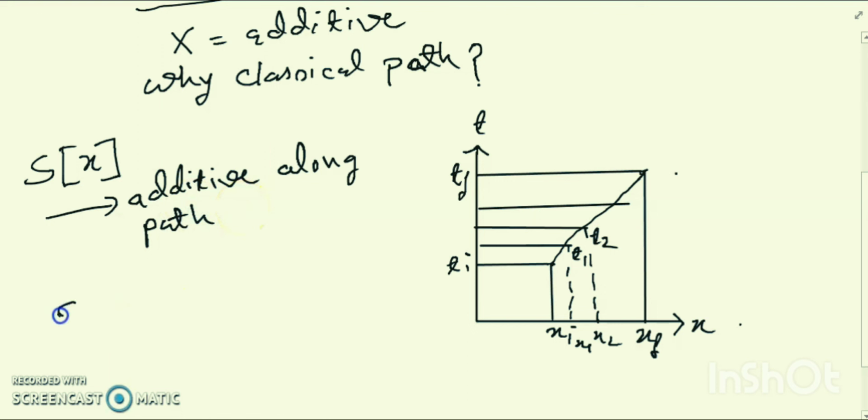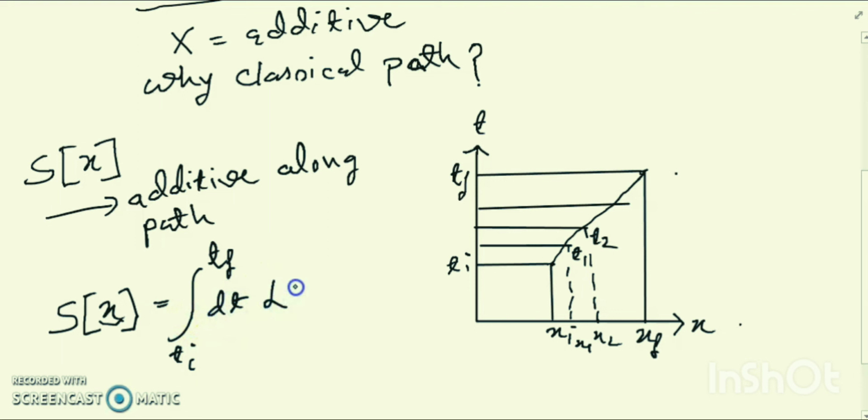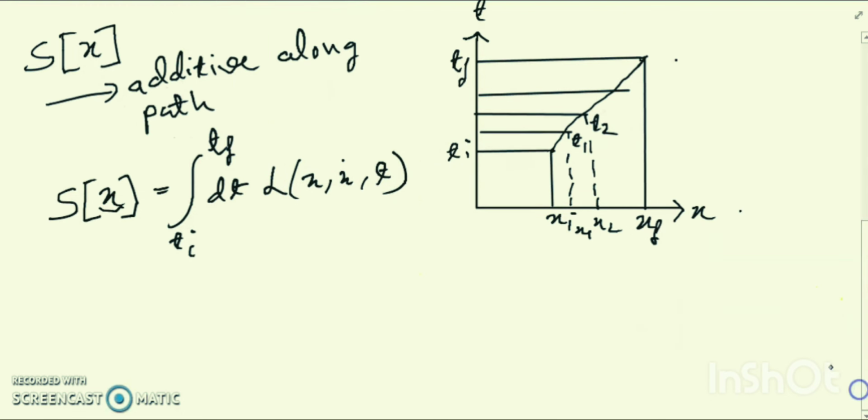So Sx, that is S of x tilde, equals the integration from ti to tf of dt L of x, x dot, t. Okay, so Sx can be written this way.